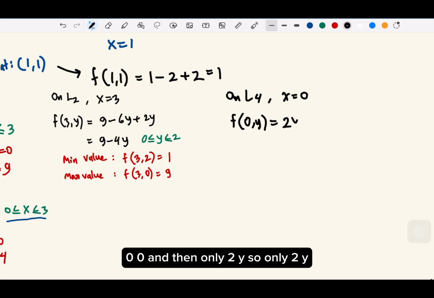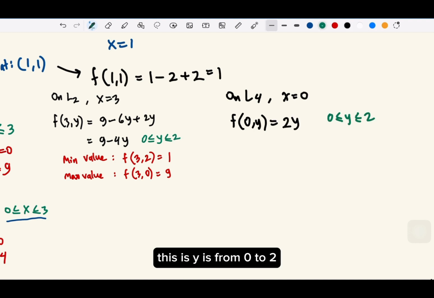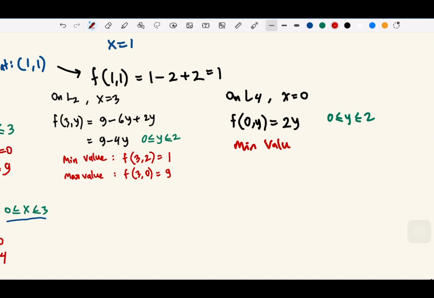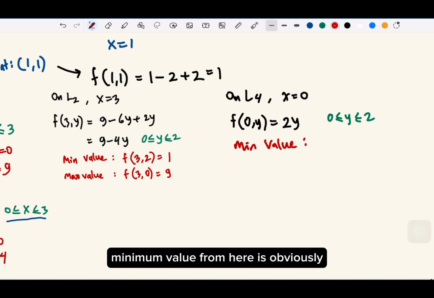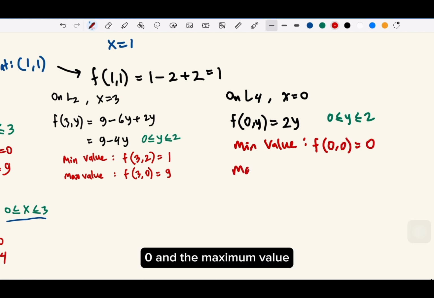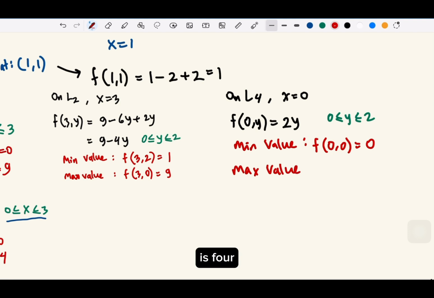So only 2y, where y is from 0 to 2. And then we can just write the minimum value. The minimum value from here is obviously 0, and the maximum value is 4.